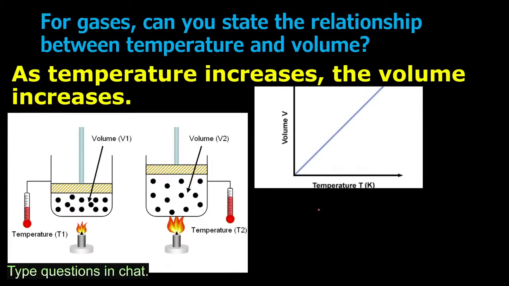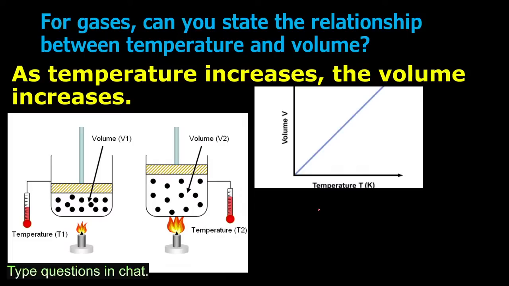And then what about the relationship between pressure and volume? So this one is pressure and volume are inversely related. That means when we increase pressure, we decrease volume. When we decrease pressure, we increase volume.